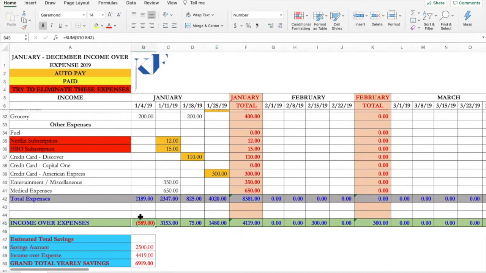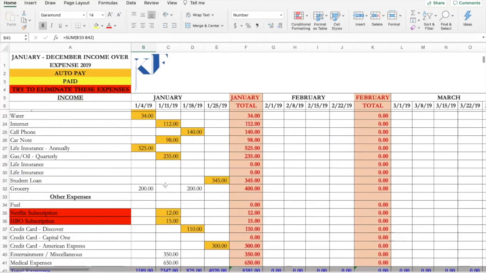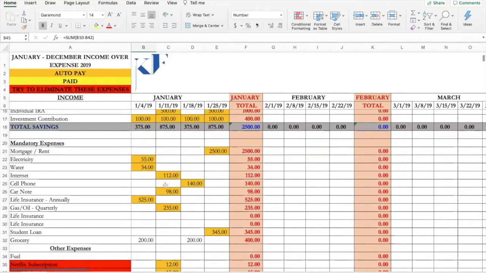Because once you see this in red, it's telling me that I have more expenses for that week than income that's coming into the household. So what do you want to do? You have a few options.